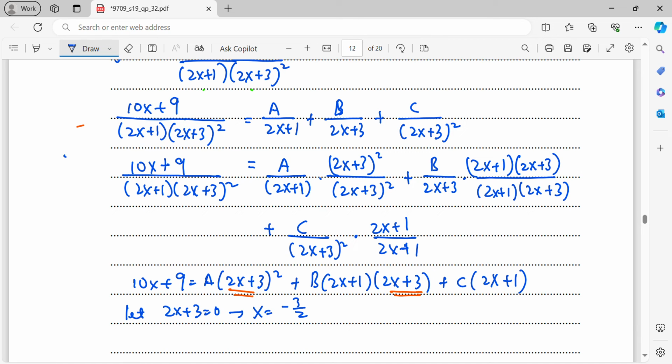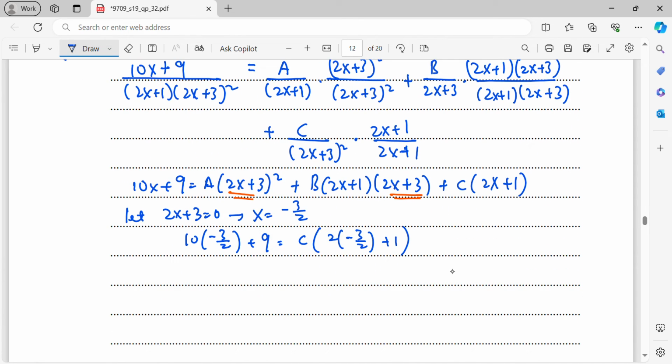So for the left hand side, you will get 10 times negative 3 over 2 plus 9. For the right hand side, just consider the C, 2 times negative 3 over 2 plus 1. Okay, that means left hand side is basically minus 15 plus 9, which is minus 6. Then the right hand side is minus 3 plus 1, that is minus 2C. Hence my C is 3.